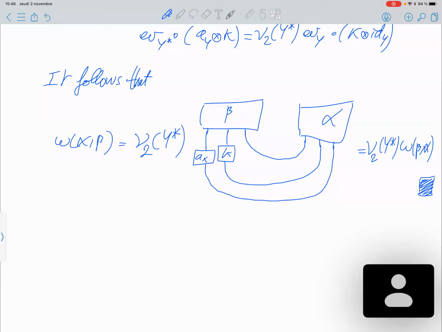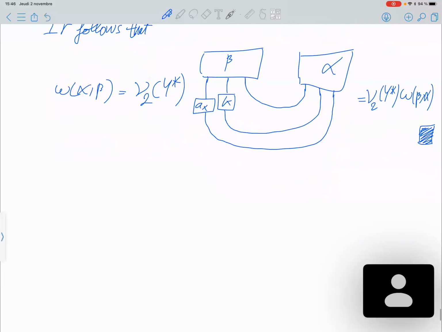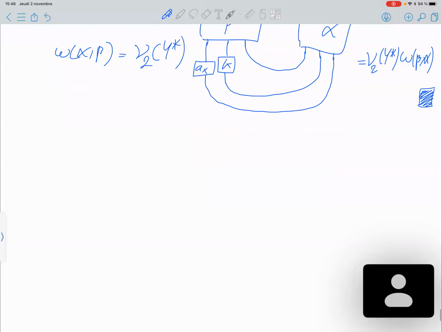So this corollary can be seen as a generalization of the theorem we want to prove.